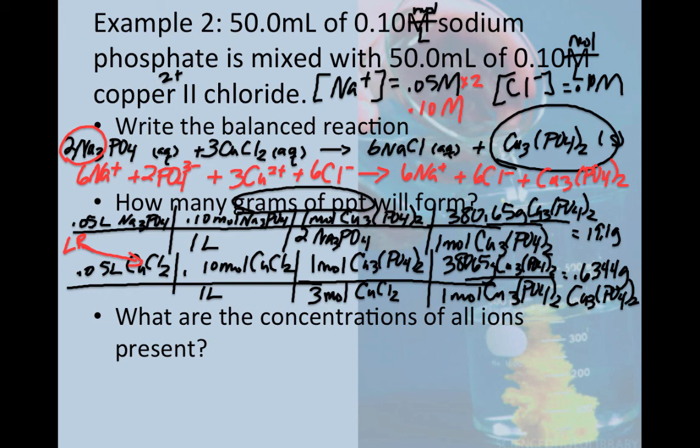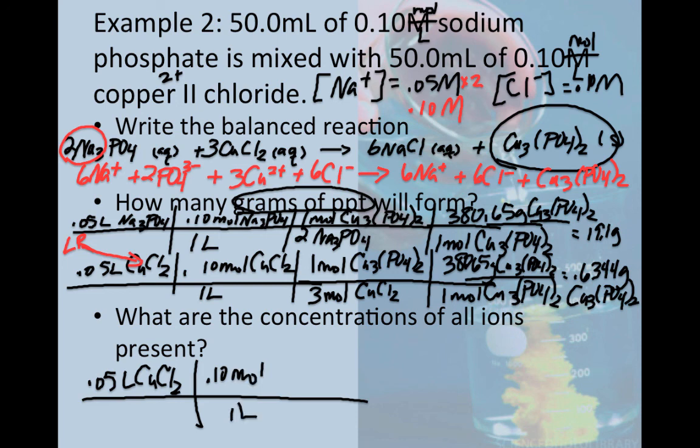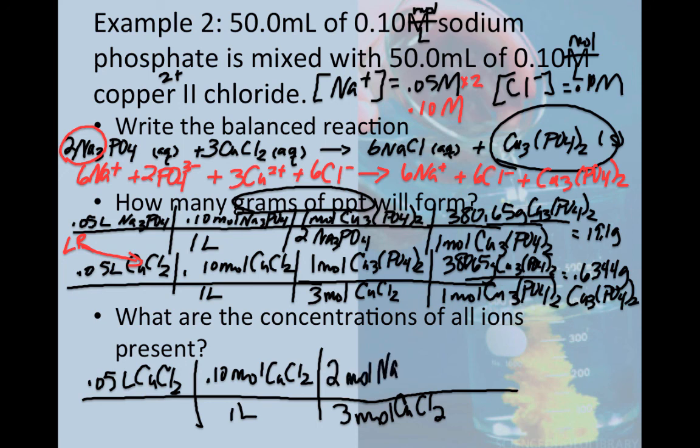So I'm going to start with copper chloride, 0.050 liters of copper 2 chloride, and 0.10 moles per liter of copper chloride. And for every 3 moles of copper chloride, I used up 2 moles of sodium phosphate. And I'm almost done. For every 1 mole of sodium phosphate, I get only 1 mole of phosphate ions.